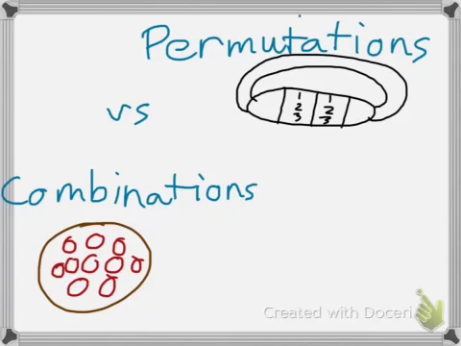So let's first talk about what a combination is. Permutations and combinations both have to do with the total amount of possibilities that you can have. Let's say that you have a combination pizza, something that has a bunch of different toppings on it.